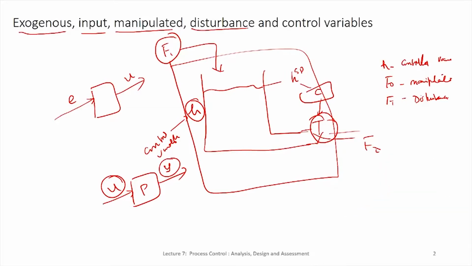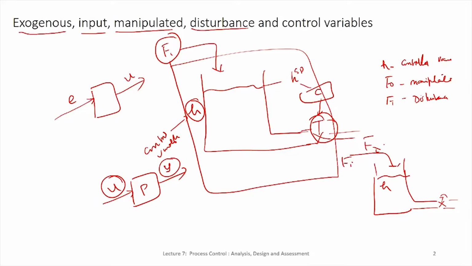Now, if I take the same tank and I could still put this control valve here, but I am going to show you something slightly different. Let us say I have this height of the liquid in the tank and I have Fi.